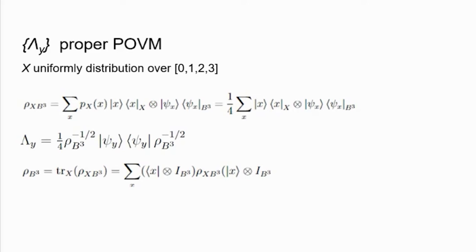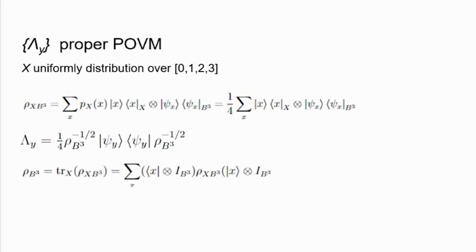So this is just 1, and we can simplify this equation to 1/4 rho b to the third to the minus 1 equals 1. Rho b to the third to the minus 1 is the pseudo-inverse of rho b to the third, because rho b to the third does not have a real inverse.